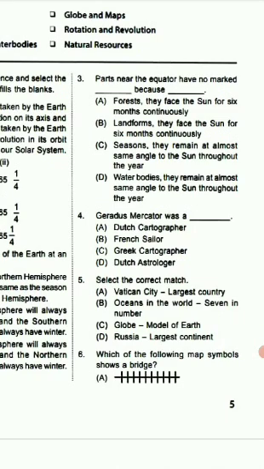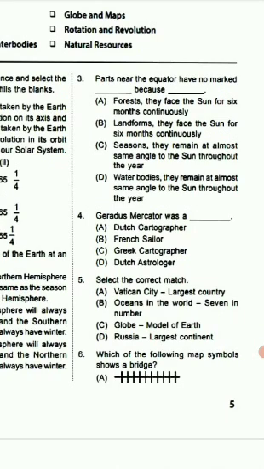C. Seasons, they remain at almost the same angle to the sun throughout the year. D. Water bodies, they remain at almost the same angle to the sun throughout the year. The correct answer is C.